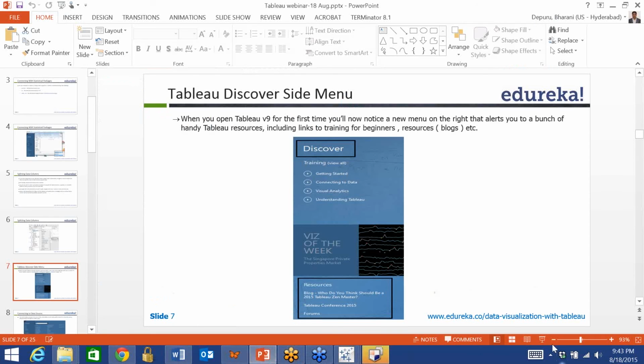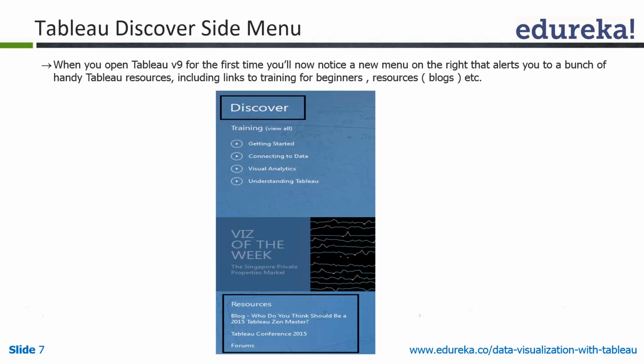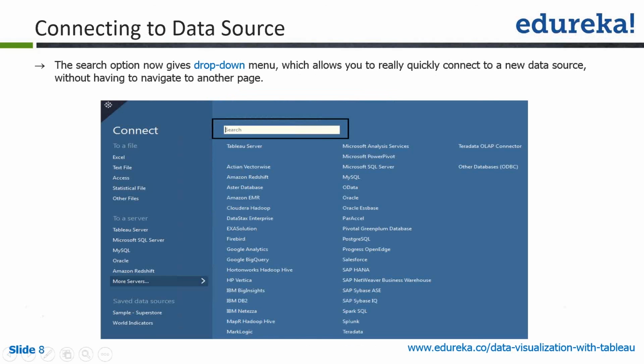Okay, so back to our presentation slide. This is yet another new feature of Tableau. In Tableau 8, it was very cumbersome in the sense that when you clicked on connect to a server, you had to manually scroll and see where your server or database of interest resides. You had to manually do a search.